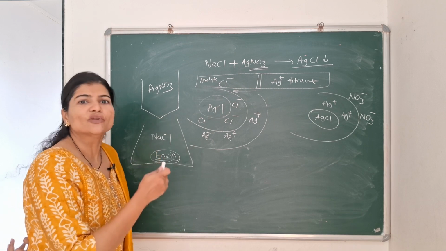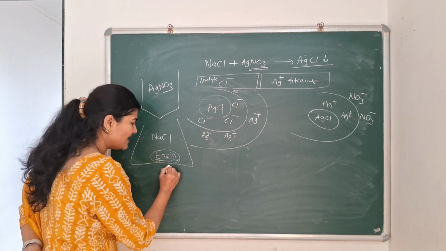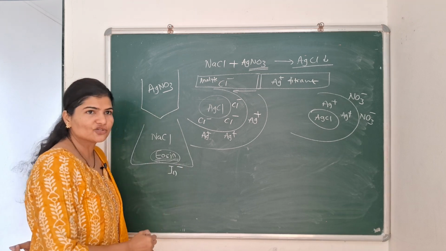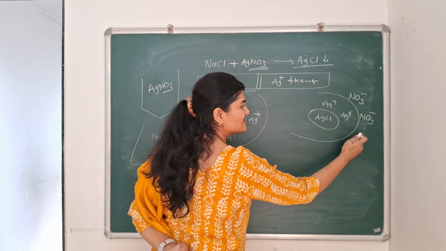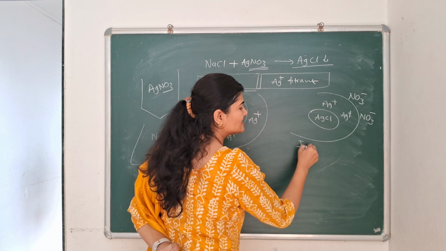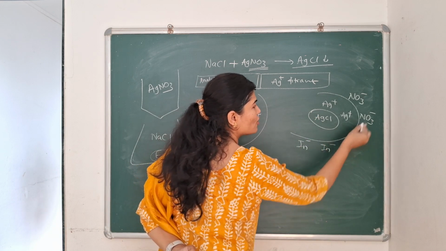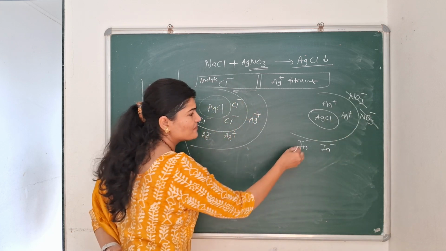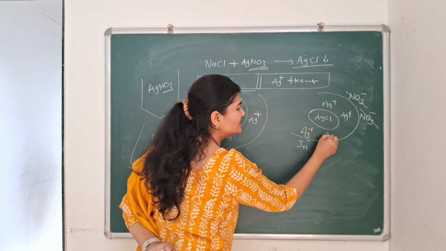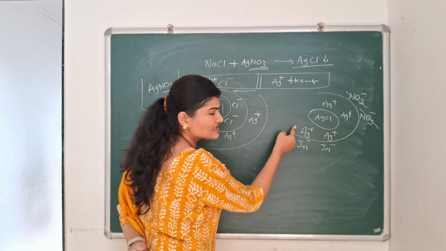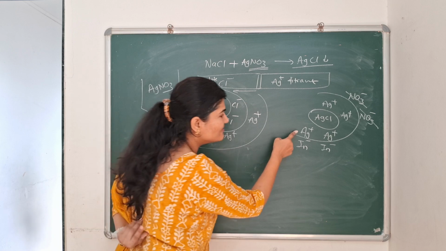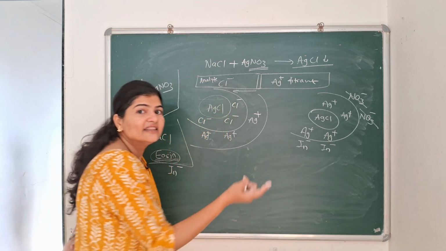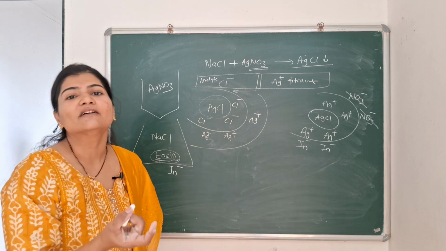So this is the sodium salt of eosin and they are negatively charged. So instead of nitrate ions, the indicator ions will start to adsorb as a secondary adsorption layer. Now once they come in contact with the silver ions, which was the primary adsorption layer, the silver ions and indicator ions form a pink colored complex.